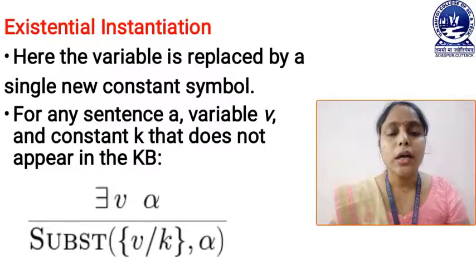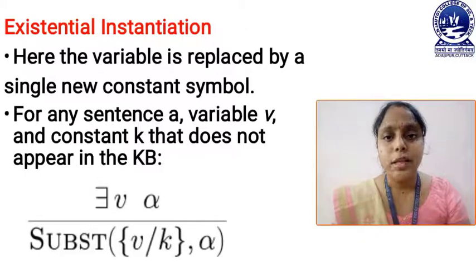Now look at the rule of existential instantiation. There exists V alpha, then SUBST({V/K}, alpha). Here V is the variable, alpha is the sentence and K is the constant. That means in the sentence alpha we substitute the variable V by the constant K. That is called existential instantiation.